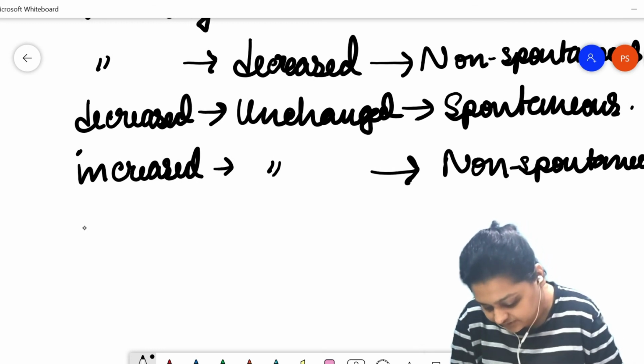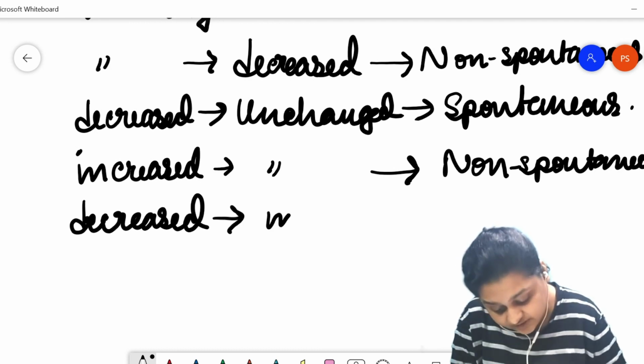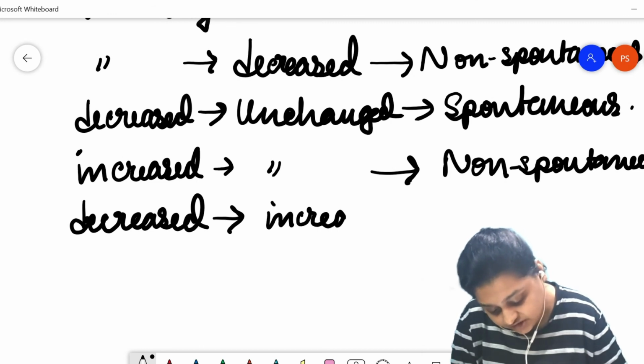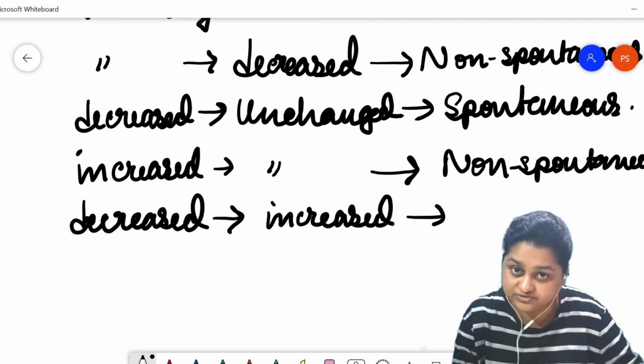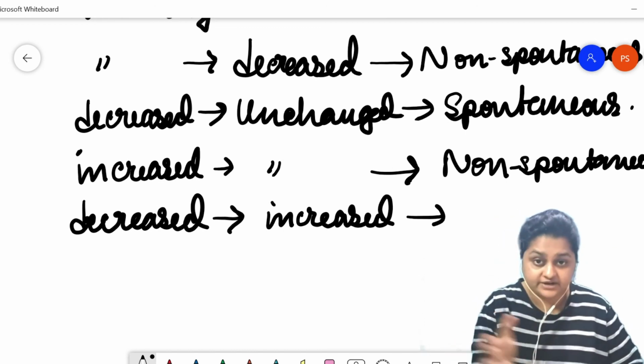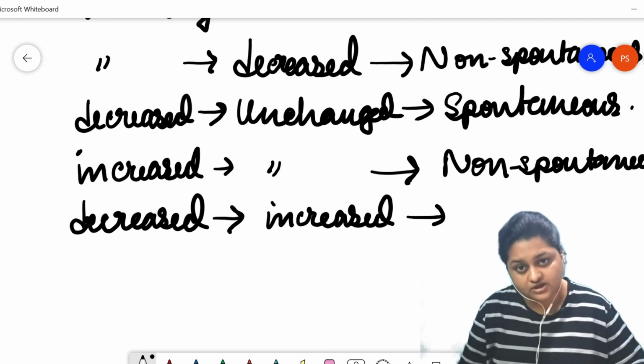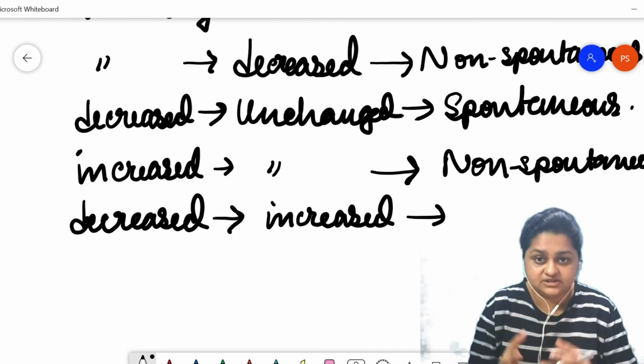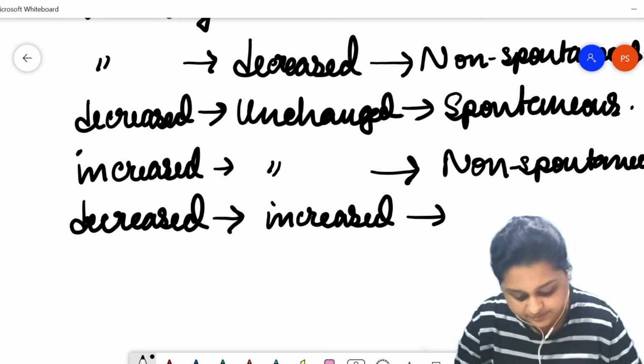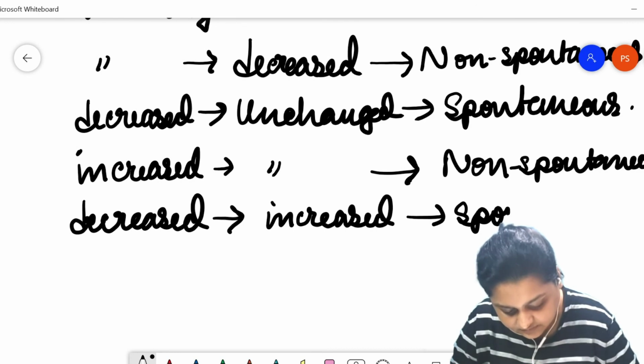If delta H value decreases and randomness increases, both of them are changing now. Randomness has increased, which is favoring the spontaneous process, and delta H is decreased, which is also favoring the spontaneous process. So combining these two, it will be a highly spontaneous process.